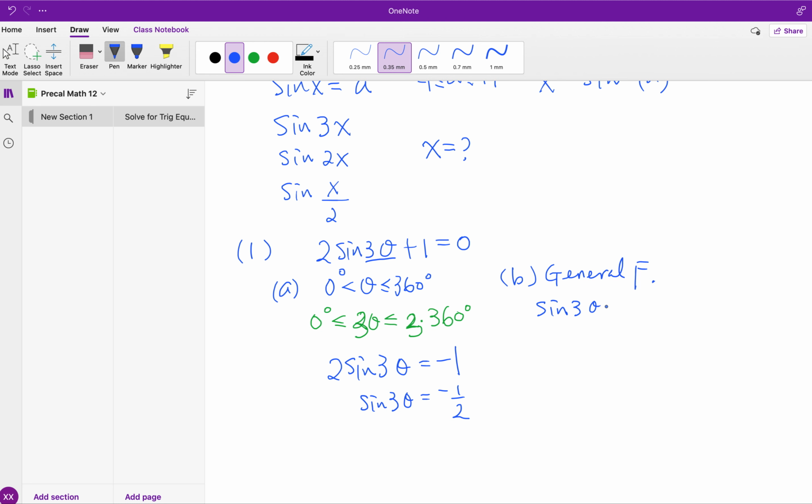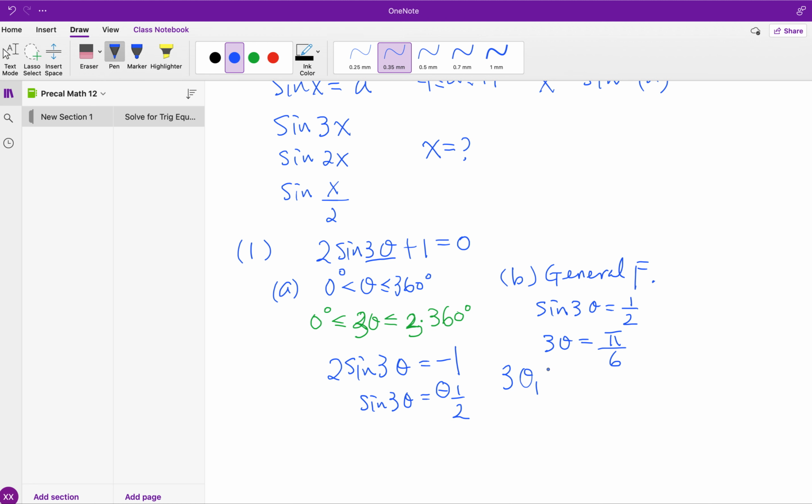So now 3 theta will be pi over 6. Now, because this is negative, we understand the 3 theta, and this is something I always do, differentiating the two angles.